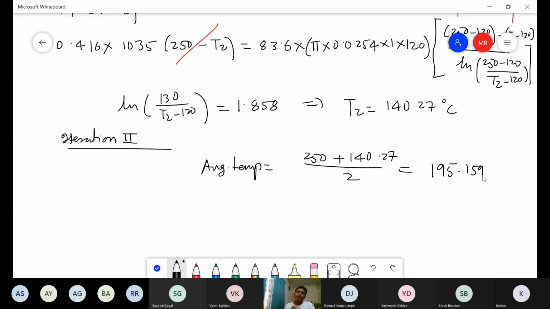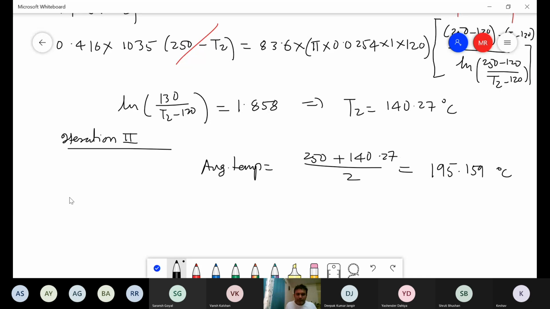That is what we have obtained, isn't it? Remember, all our properties we found at 250 degrees Celsius. That is what has been given. Now we have to find the properties at 195.159 degrees Celsius.